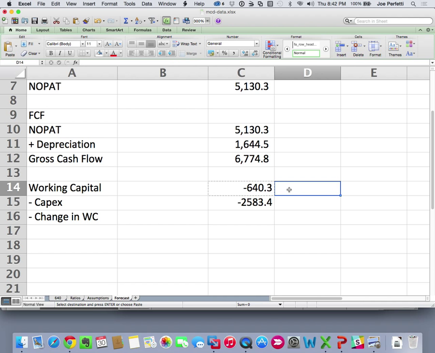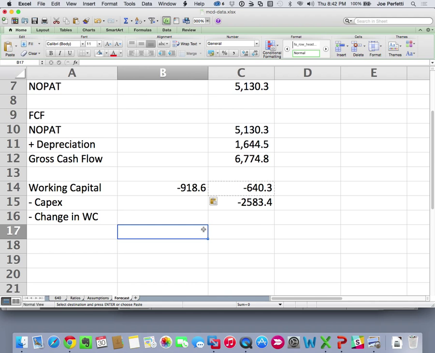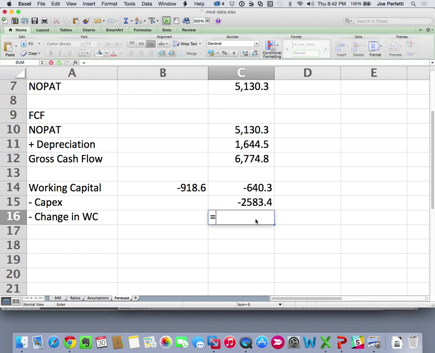So copy, paste one year back. So my change in working capital is this year minus that year. Okay. All right. So my working capital improved by 278 million.